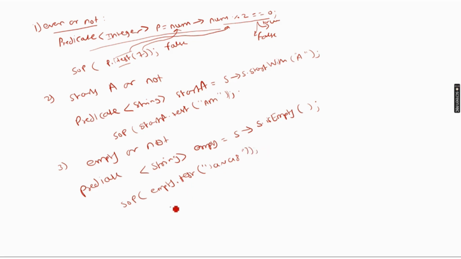Again, let me give it as empty dot test, and this will be the empty string. So here it will give us true. Here it will give us false. Sorry, the string is empty, so it will give us true over here and false over here. Okay, so it will check like that.